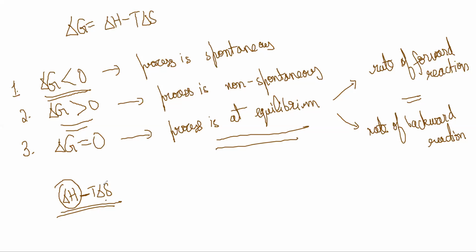Only then will the process happen. Total delta G should become negative, no? So your delta S should be more positive than a certain value. This also explains why some reactions don't happen at room temperature, but later they will happen.